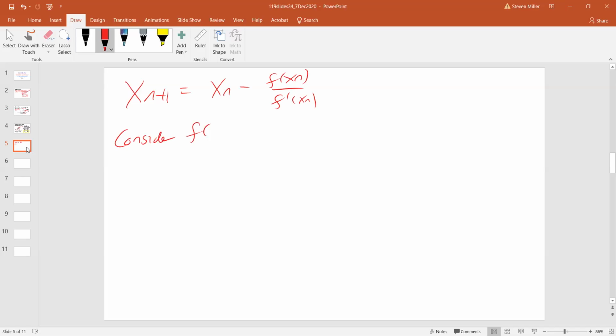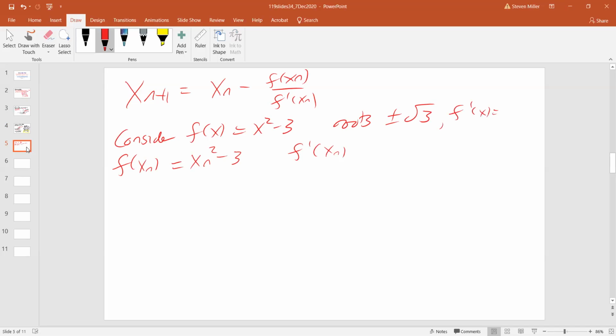Consider f of x is x squared minus 3, the roots being plus or minus the square root of 3. Well, f of xn is just going to be xn squared minus 3, and f prime of x is just 2x, so f prime of xn is going to be 2xn. And so now we just do some algebra.